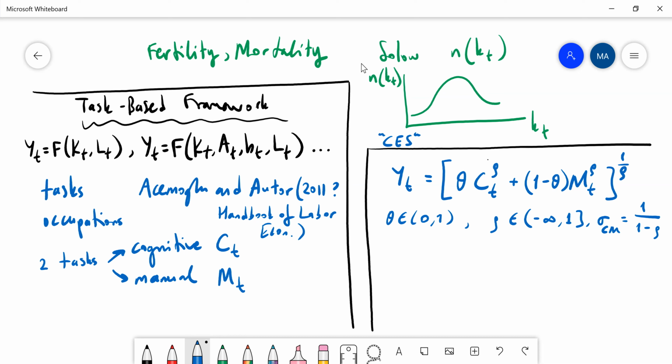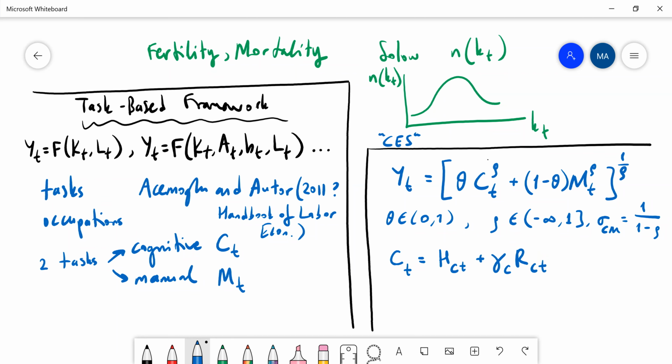And the idea is this: now you may have two different workers. For the production of the cognitive task, you might use human labor, or you might use robot labor.